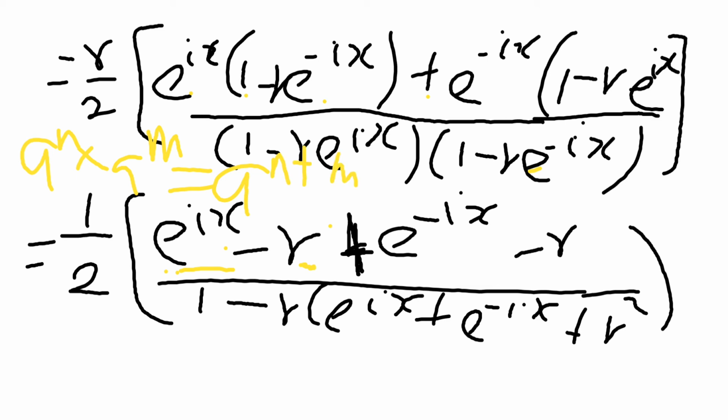So that was how I got e^(ix) minus r e^(ix) times r e^(-ix) as what? Only r. Reason being that e^(ix) times e^(-ix) is equal to e^(ix minus ix), which is e^0, which is equal to 1. So 1 times r is r, and that's why this is it.